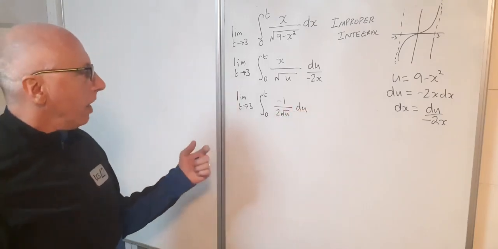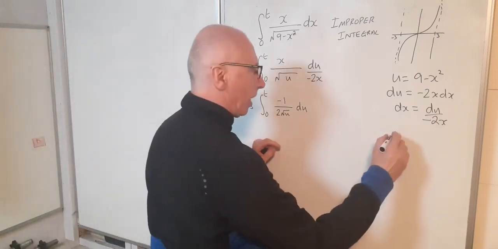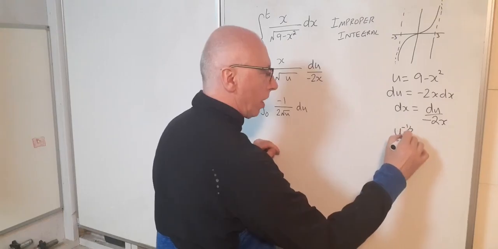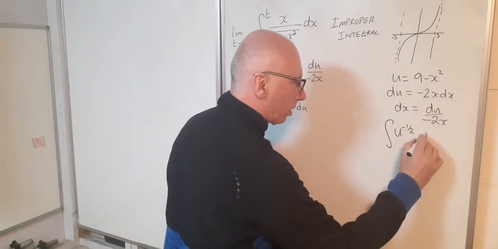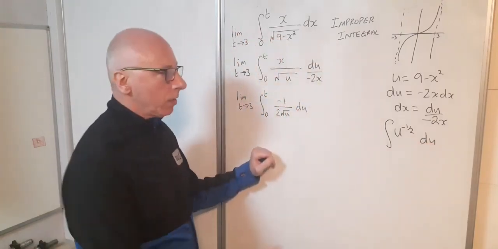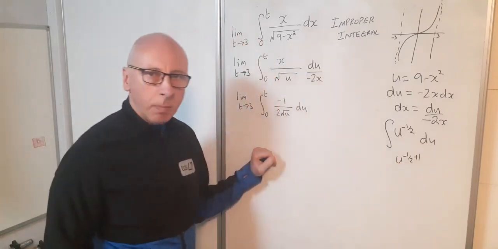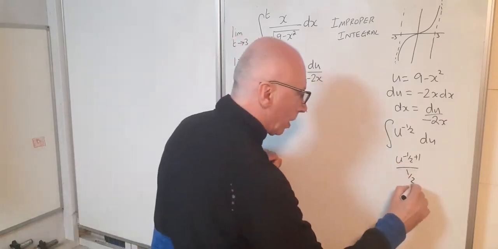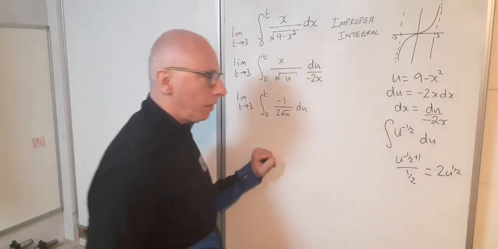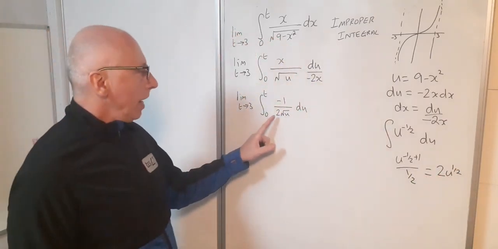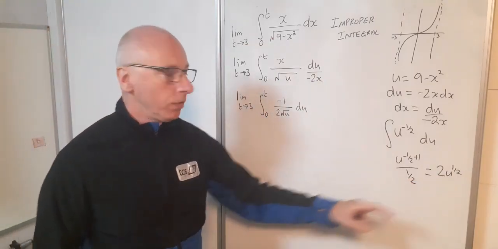Okay, now if we integrate that, as this is minus a half, let's just do it over here. I've got u to the minus 1/2. Now if I integrate that, let's just do it here as a quick integral on the side. What I'm going to do is add 1 to the power and then divide by the new power, which is a half. So that would equal 2u to the half. And I've got minus 1/2 as a constant, so I'm just going to end up with negative square root of u.